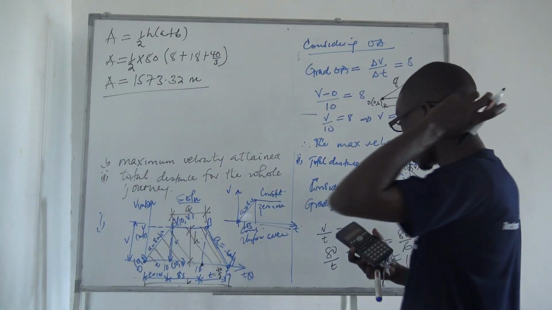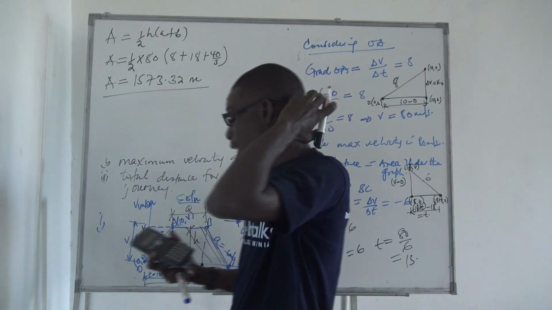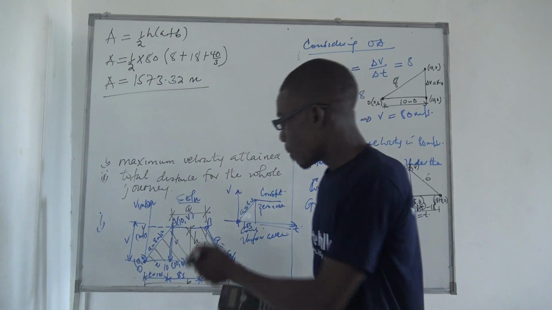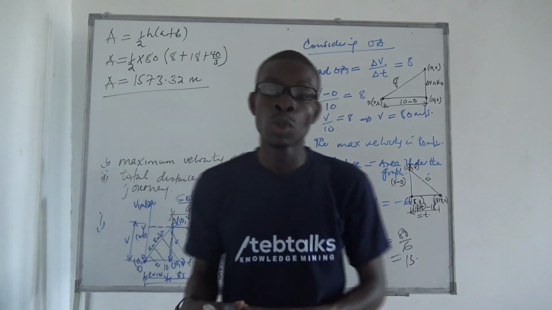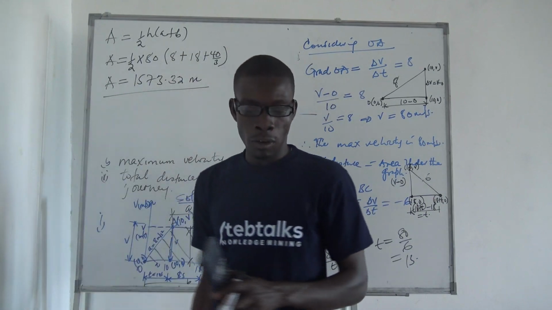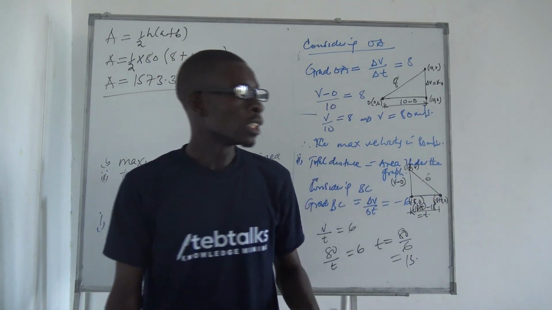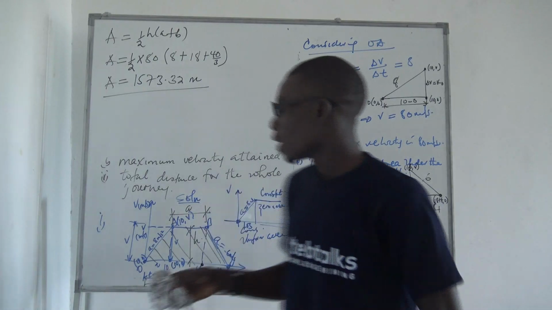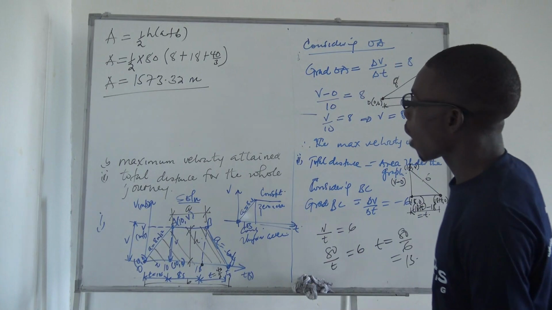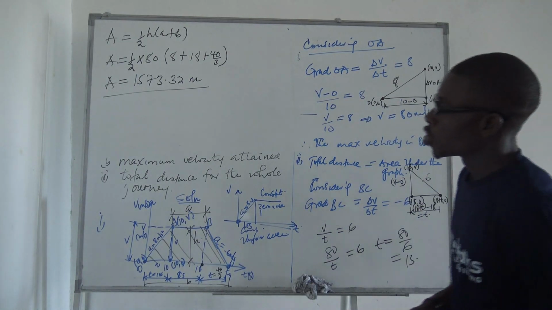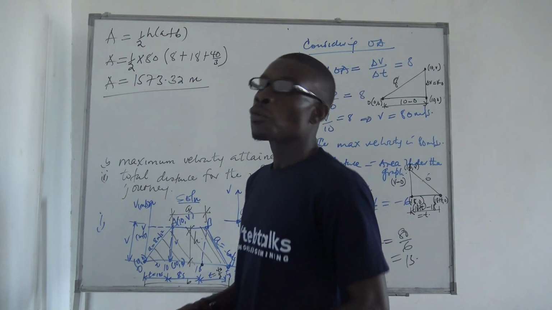That is the area, because we said that the total distance is the area under the graph. But here our graph, the area is the trapezium. That means we use the formula for the area of a trapezium to calculate our total distance covered.